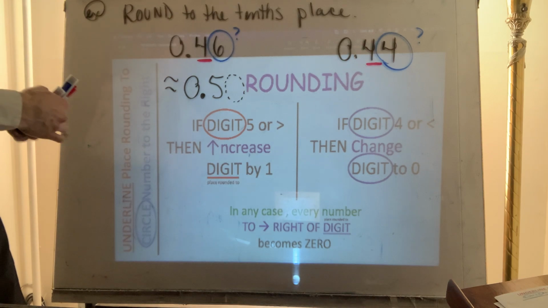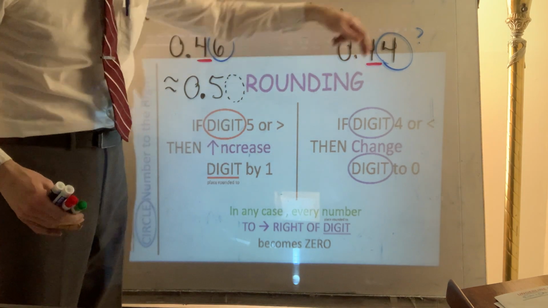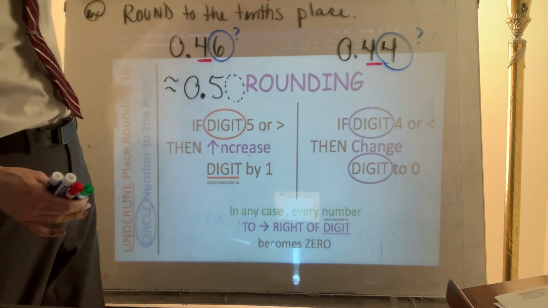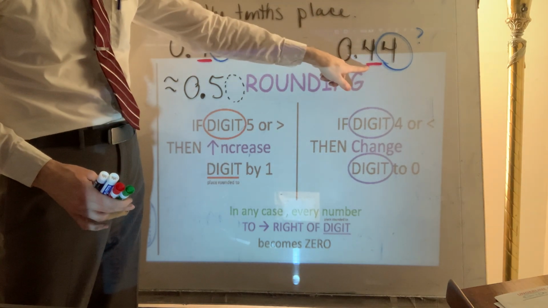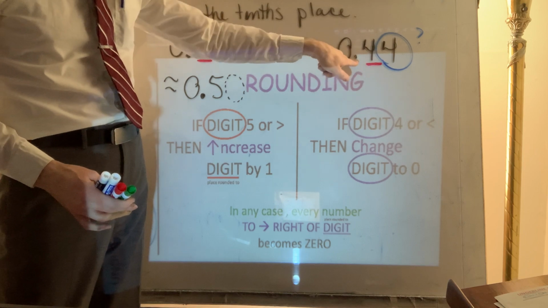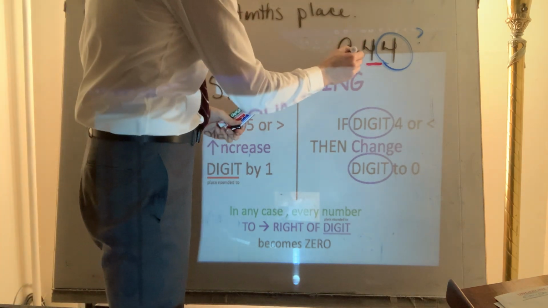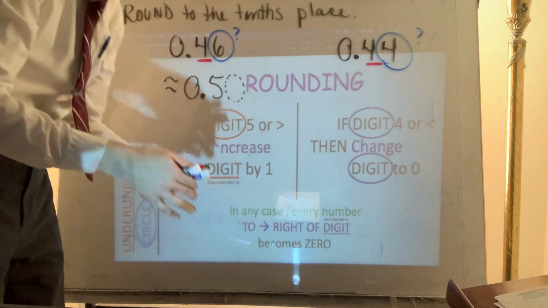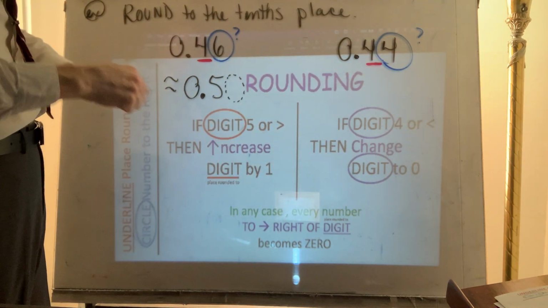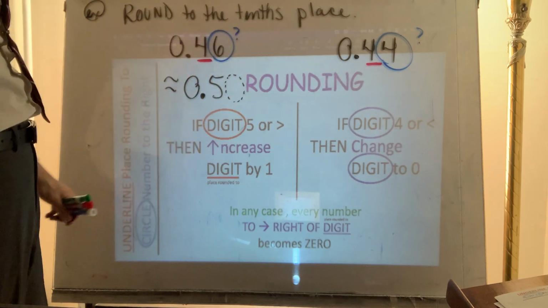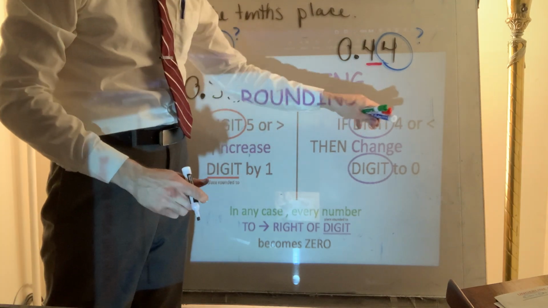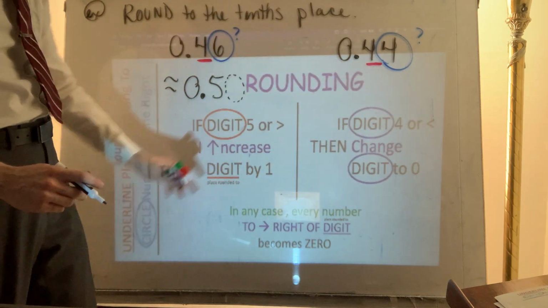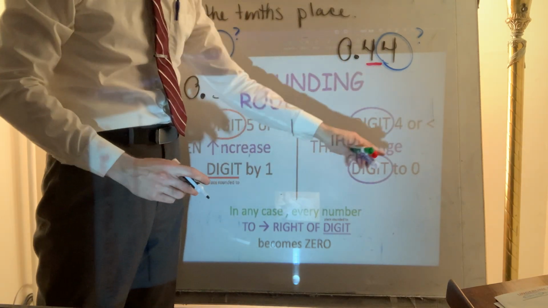Now over here, 0.44. Following the same procedure. If we're rounding to the tenths place, that's the underlined 4 here, first place after the decimal, I circle the number immediately to the right of it to make the judgment call. And I use the squiggle equals because it's an estimate. If the digit is 4 or lower, meaning less than 5, then change the circled digit to a 0.